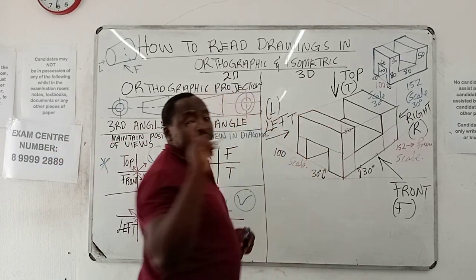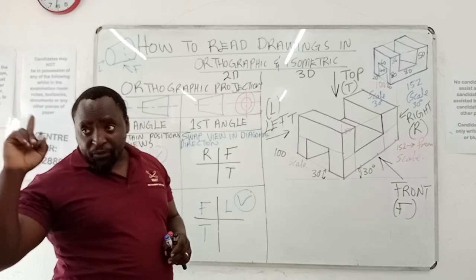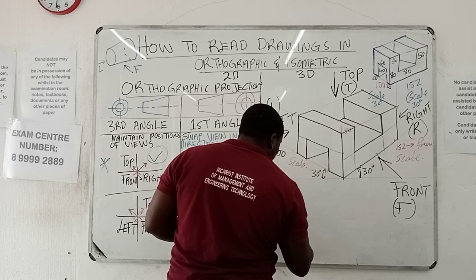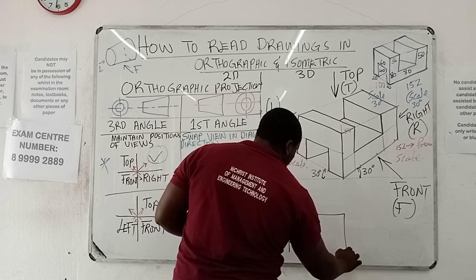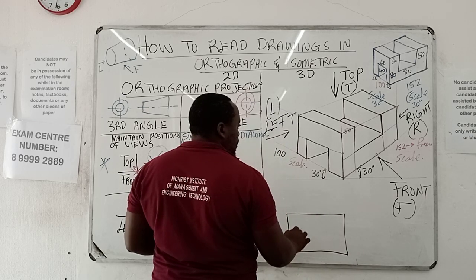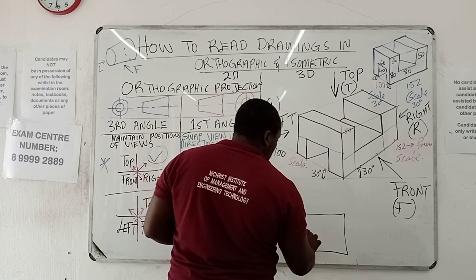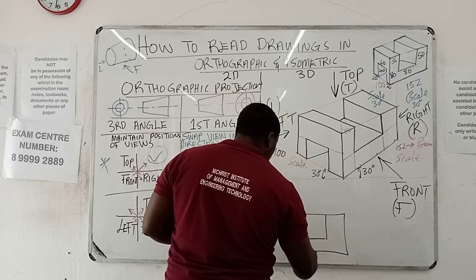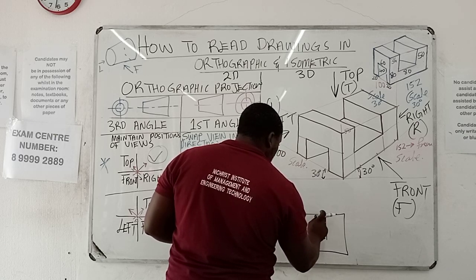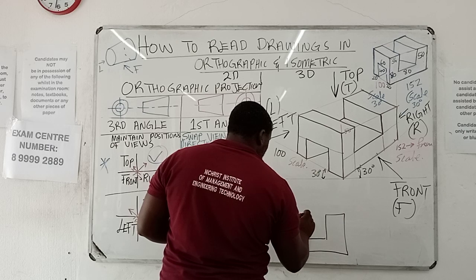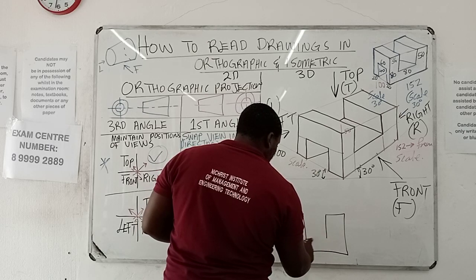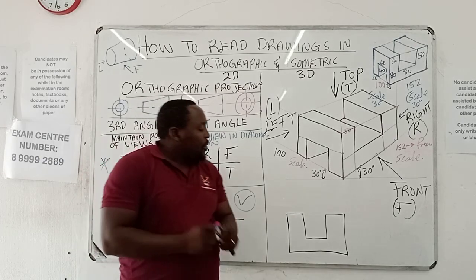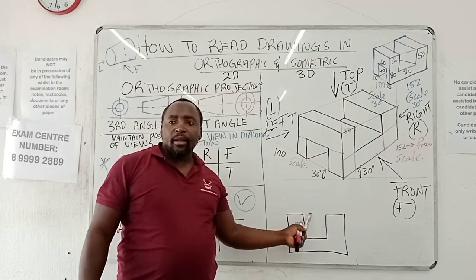Always you start drawing the front view, huh? Always front view. So I'll draw the front view. When I'm drawing the front view, do I need to put a line here?